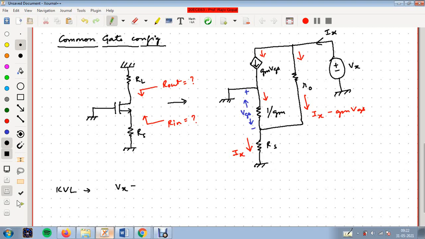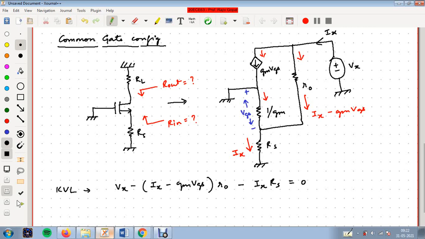Voltage drop across R0 is Ix minus Gm into Vgs, into R0, minus the voltage drop across Rs, which is Ix Rs, equal to 0.